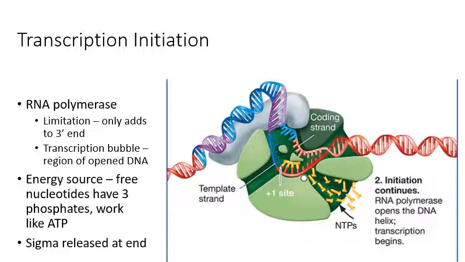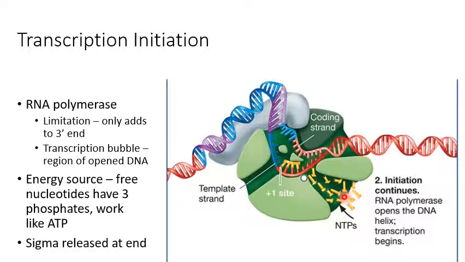Actually, you have to break off 2 phosphates to get the nucleotide to attach to another nucleotide for a phosphodiester bond. So free nucleotides always have 3 phosphate groups on them. Nucleotides that are part of DNA or RNA only have 1 phosphate group. So the RNA polymerase is going to be taking off those last 2 phosphates and getting energy out of it that it uses to actually build the mRNA molecule.